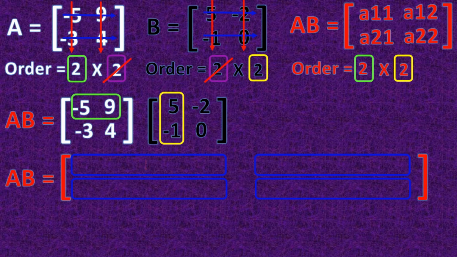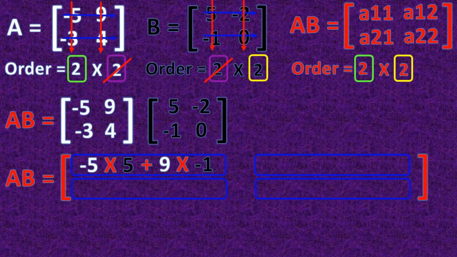Now multiply first number by first number, minus 5 multiply by 5, plus second number by second number, 9 multiply by minus 1.